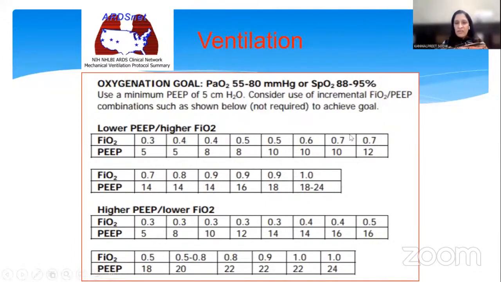So we keep on increasing the FiO2 from 0.3, 0.4, 0.5 up to 1, and PEEP from 5 to 8 to 10, 12. It says 18 to 24. Actually, if you ask me personally, I have not used beyond 20 centimeters water. But yes, as per the ARDSnet protocol, you can go up to 24 centimeters water of PEEP with FiO2 of 1.